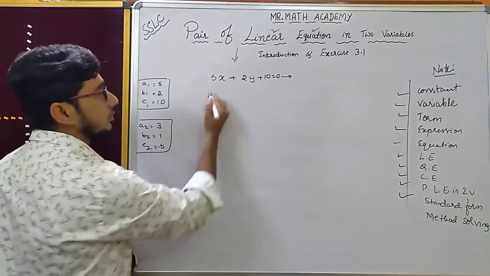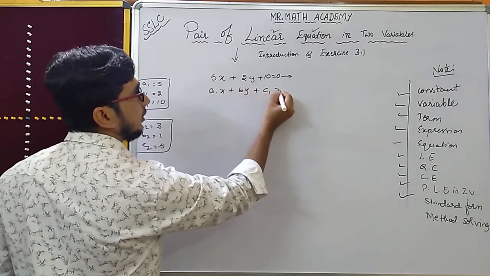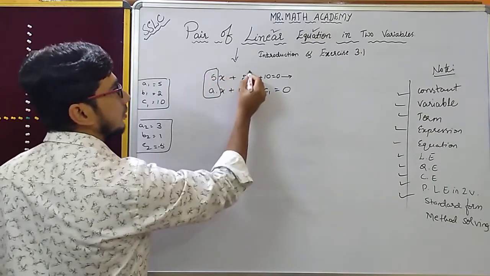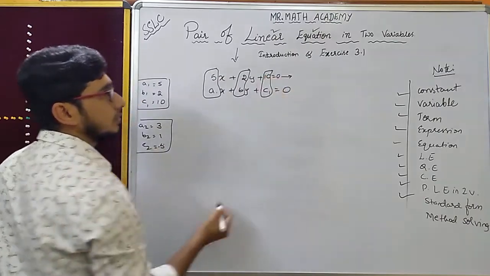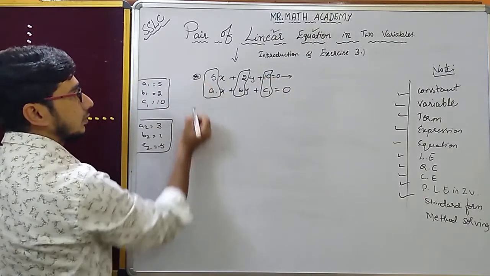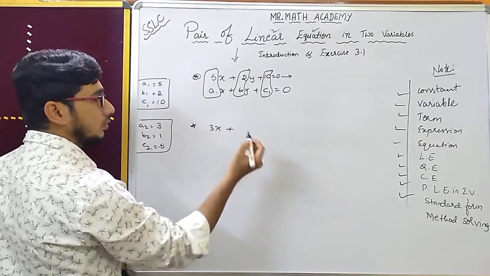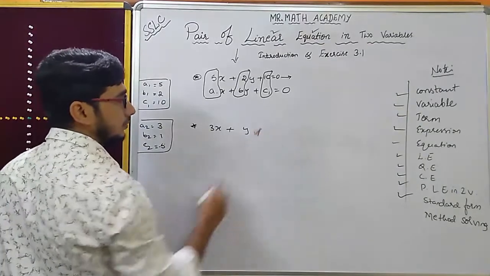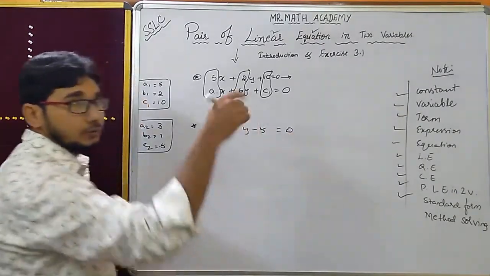Take it as a1x plus b1y plus c1 is equal to 0. See, b is 2, like this. This is one equation. Another equation is 3x plus y minus 5 is equal to 0, as I wrote in the previous equation.